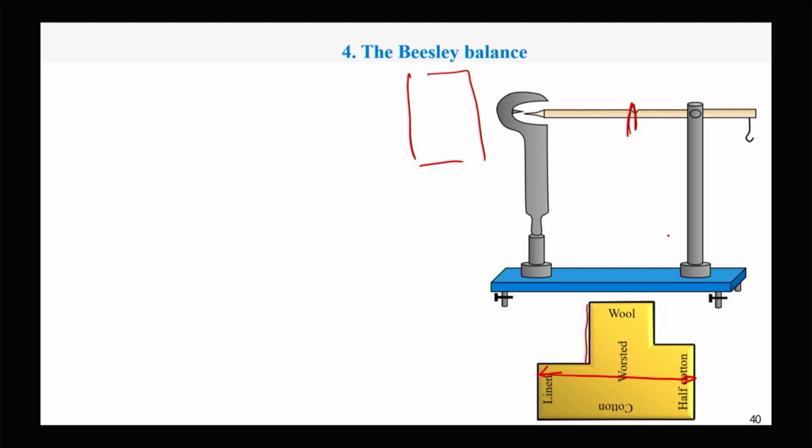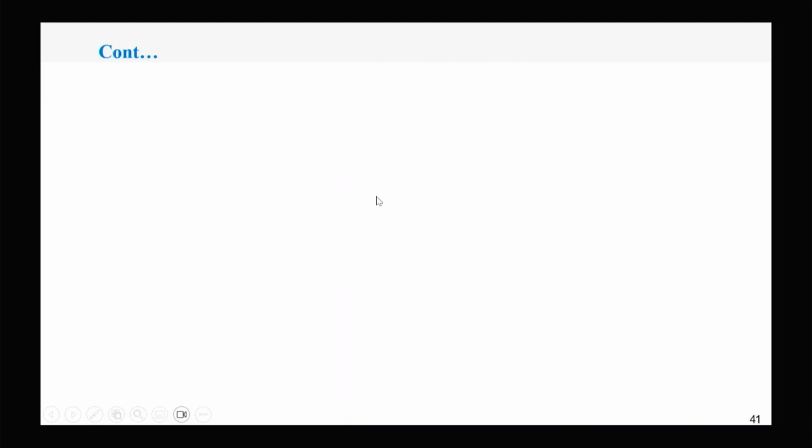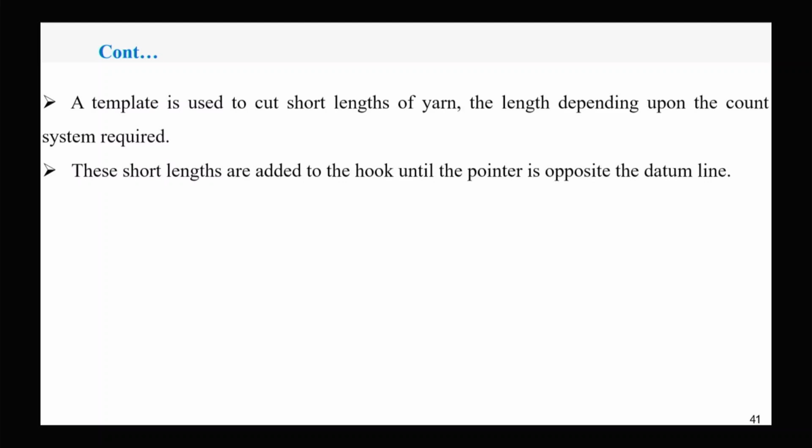We put the yarn threads, taken out one by one, on the hook on the right side until the pointer matches the reference pointer. When they balance, we directly count the number of threads, and that gives the yarn linear density. So this was one method for short lengths of yarn.